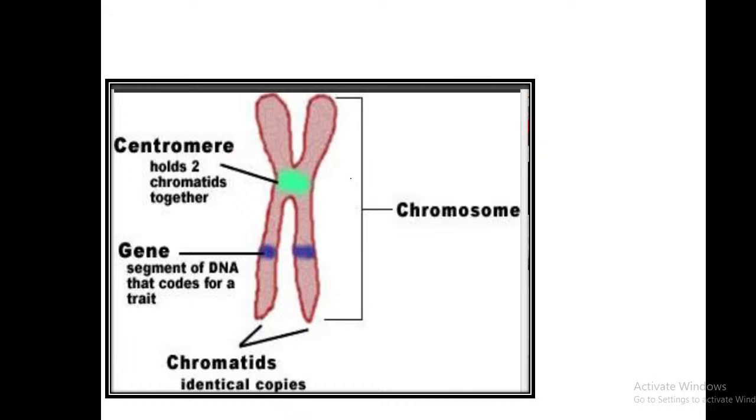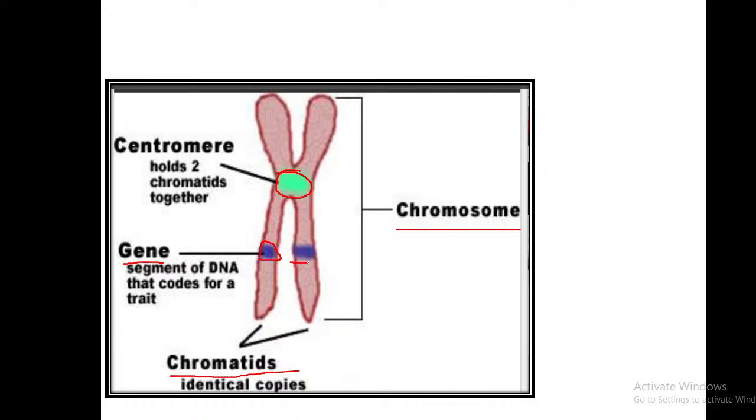This is a pictorial representation of a chromosome. This is a centromere. The centromere holds the two arms of the chromosome together, and these are called the chromatids. Just recall these terms which we studied. The chromatids are held together by the centromere, and genes are located on these chromosomes.